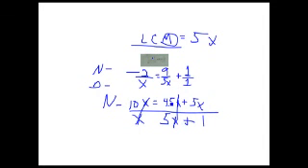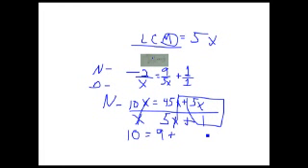Now that we've crossed this out, there's another step. That was 5x divided by 45x, and that equals 9. So this is what you have. 10. This is a 1, which means that everything is usually under 1.